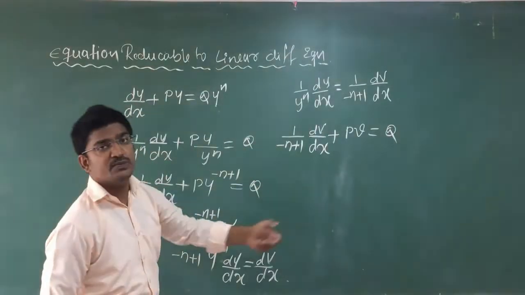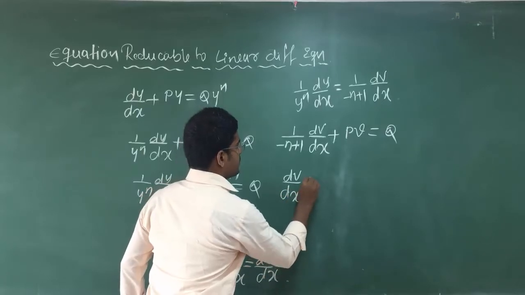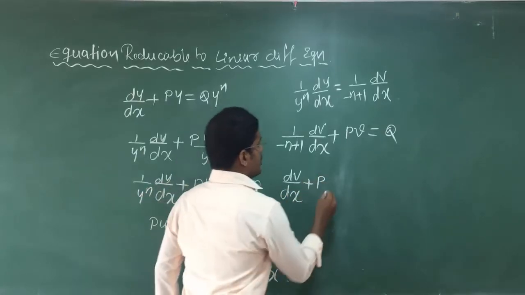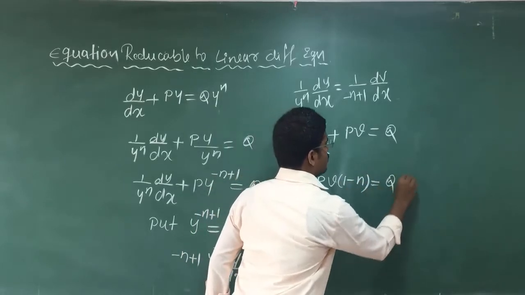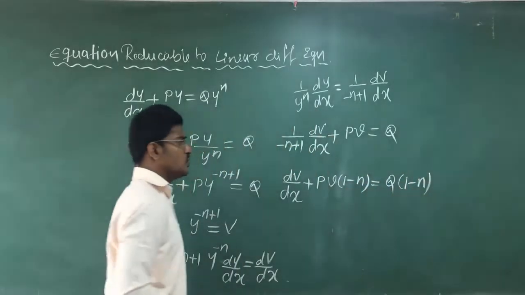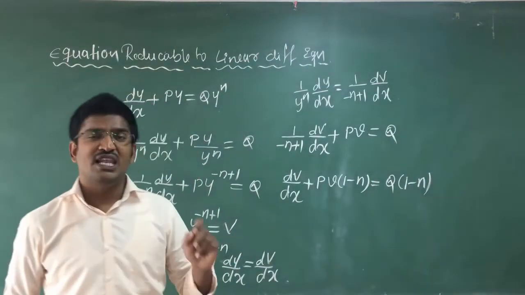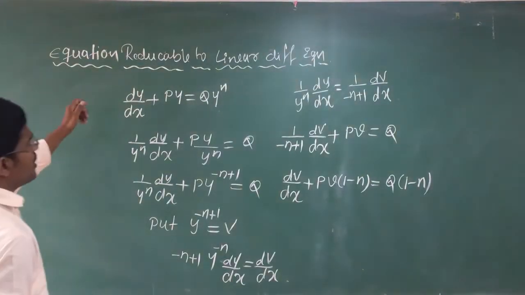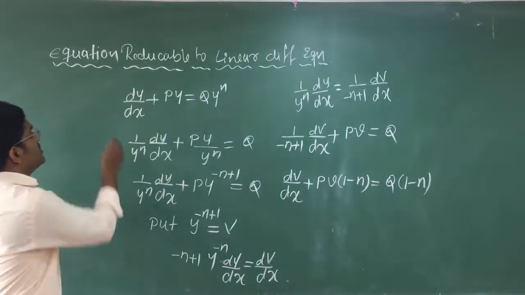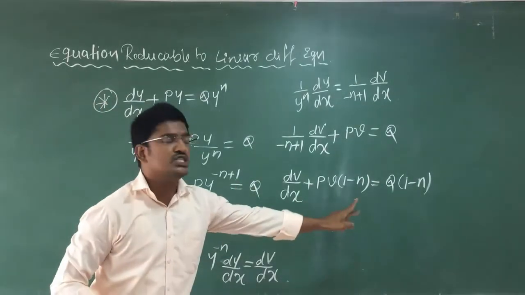So further if I simplify this, it will be dv by dx plus p into 1 minus n times v equal to q into 1 minus n. So now here you can observe that it is in the form of a linear differential equation. Clear? So see, we have reduced this particular equation to a linear differential equation.